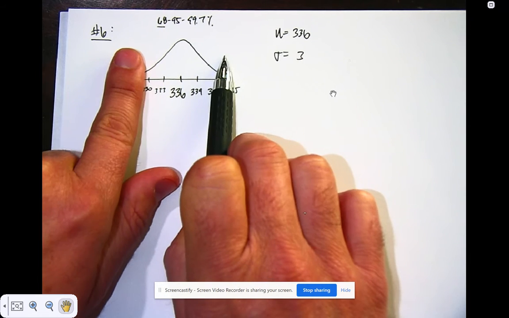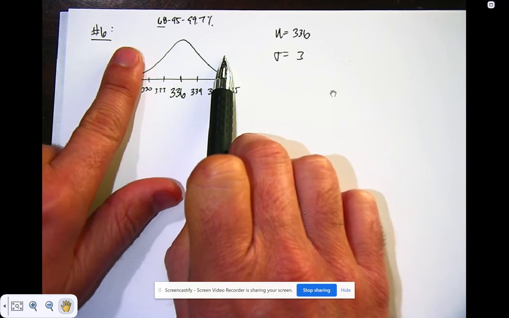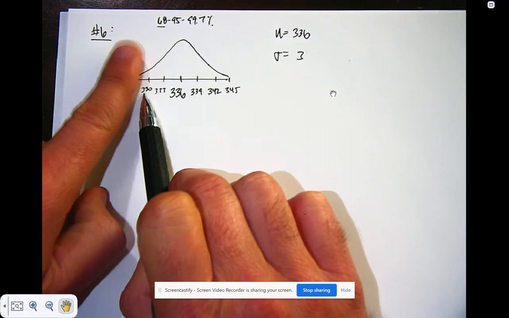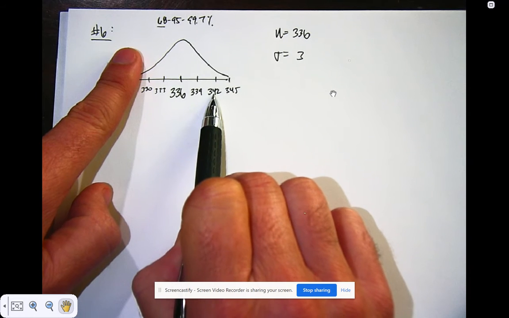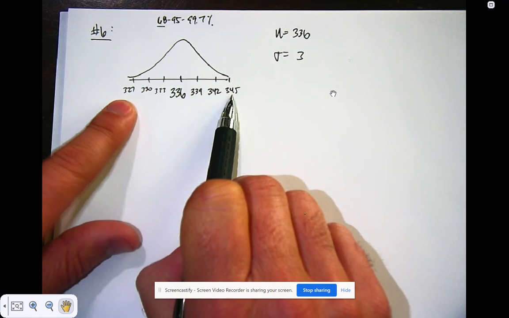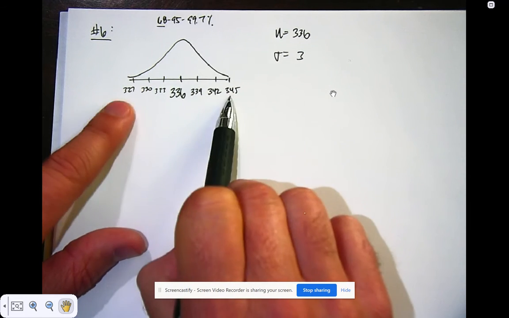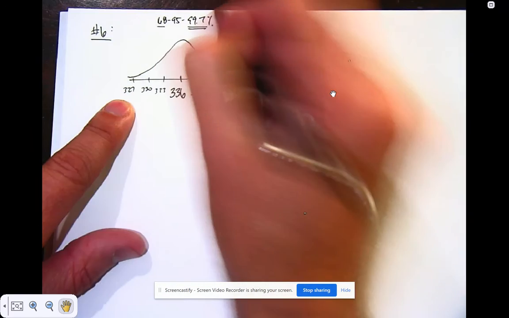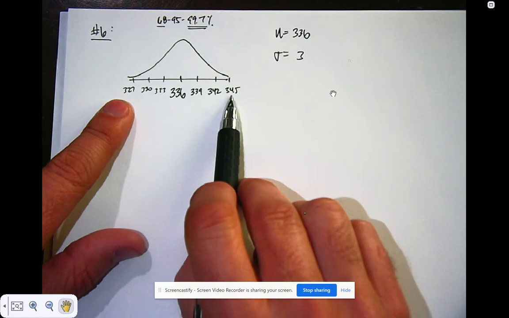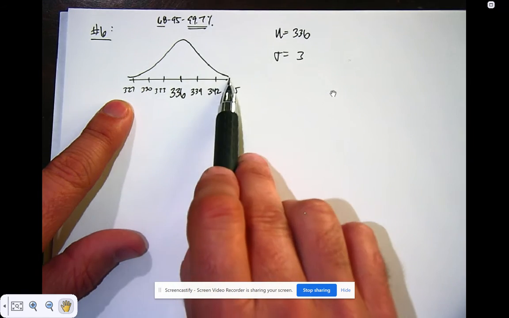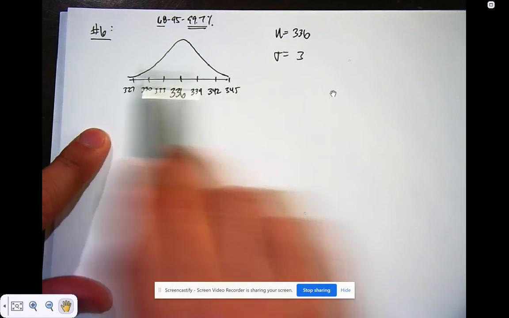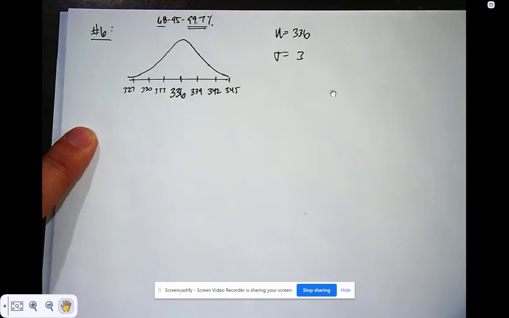If you go out 2, you know that 95% of all horses have a pregnancy that lasts between 330 days and 342 days. And if you go out 3 standard deviations, both directions, you capture almost 100% of the data. And so it'd be very odd and rare, right? 0.3% of the time, you'll get a pregnancy that lasts longer than 345 days or shorter than 327.